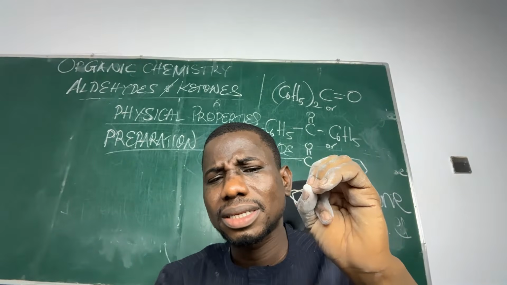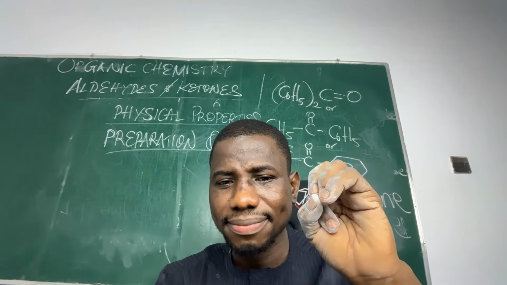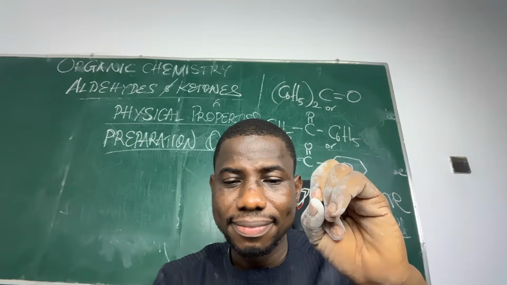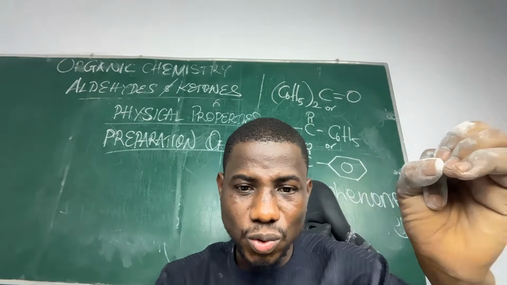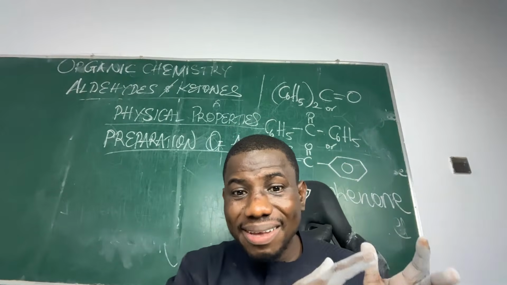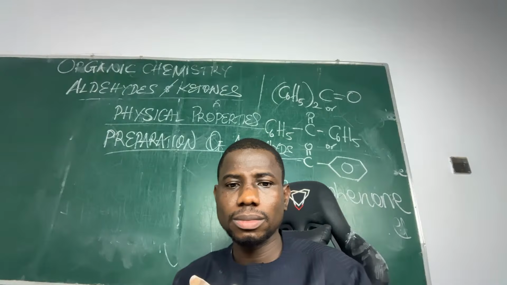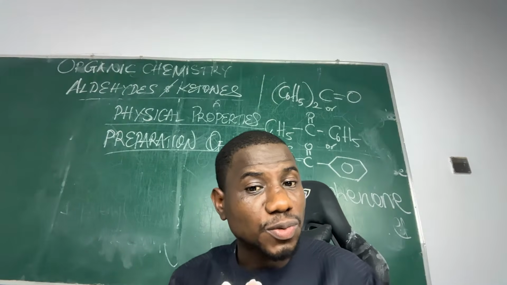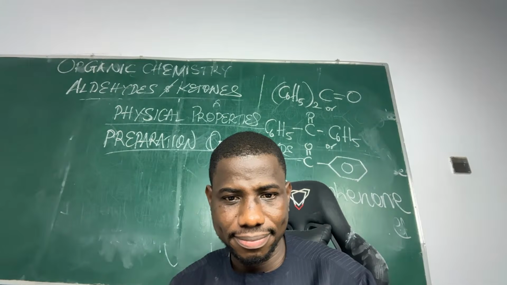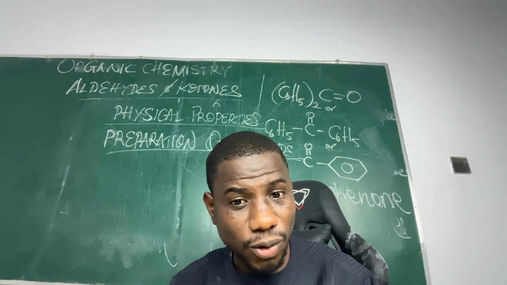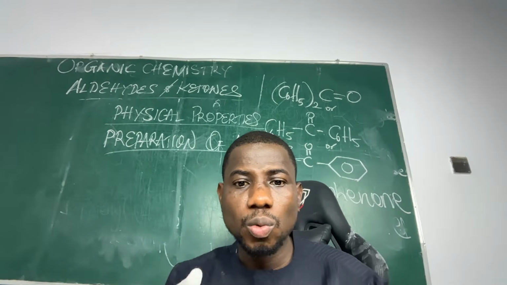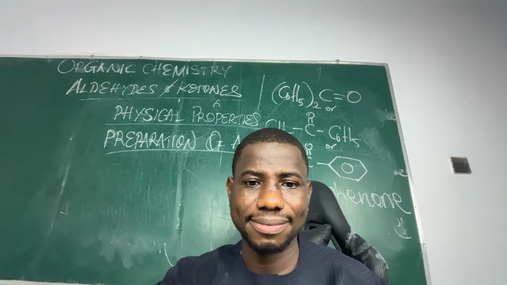Now, this will help us. We can prepare aldehyde from primary alkanol. Each time we oxidize a primary alkanol, we form an aldehyde. If we oxidize the aldehyde further, we form a carboxylic acid.